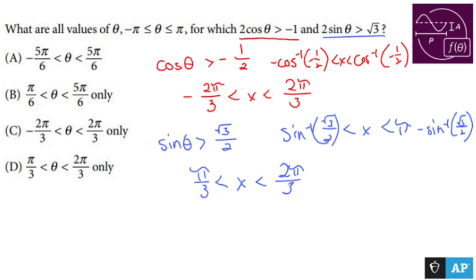Now the key thing here is the fact that this is and. So if I'm thinking inequalities that are separated by the word and, I need to find, if I were to graph all of this, where these guys match up. So I'm going to graph the red guy first. I'm going to say 1, 2, 3, you're going to be negative pi. 1, 2, 3, you're going to be regular pi, and I'm splitting this up by thirds because all of these numbers seem to deal with thirds.